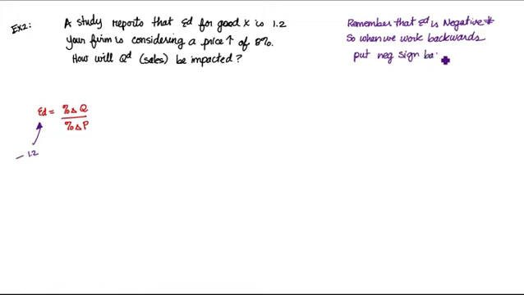That's crucial. If not, you get the wrong number, and you will get the wrong answer on a test. So we have to put in the negative sign. Do not forget.